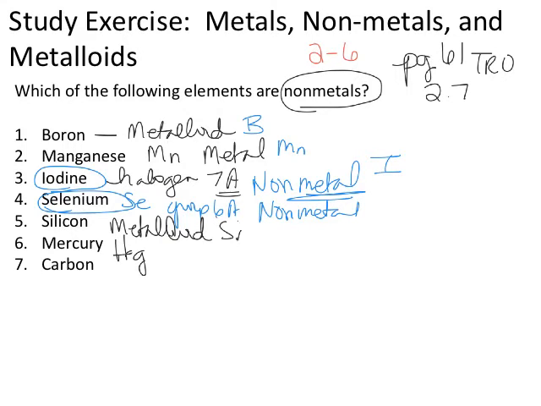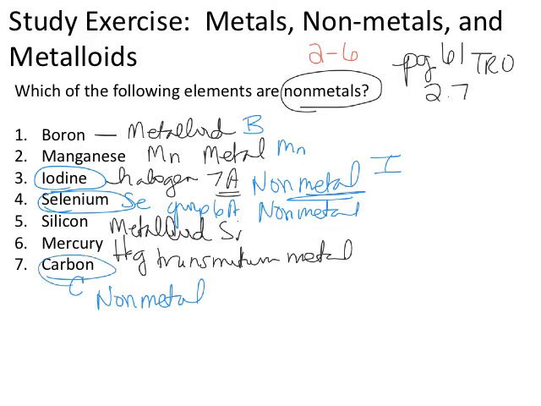So silicon is Si. Mercury is Hg. It's a transition metal. So by its name, it is a metal. And then carbon. Carbon is C, and carbon is a nonmetal. So your nonmetals are iodine, selenium, and carbon.